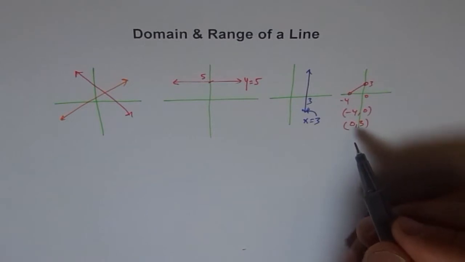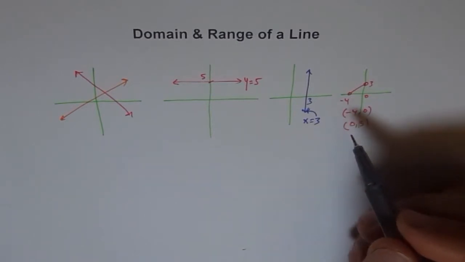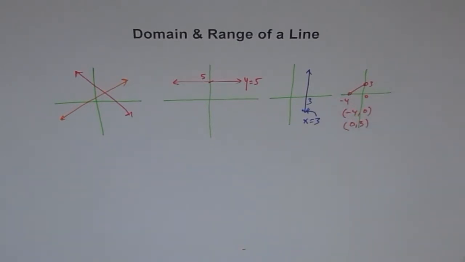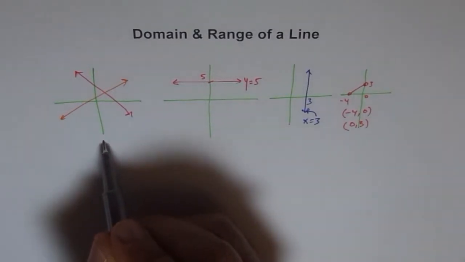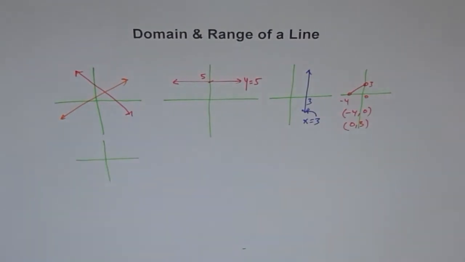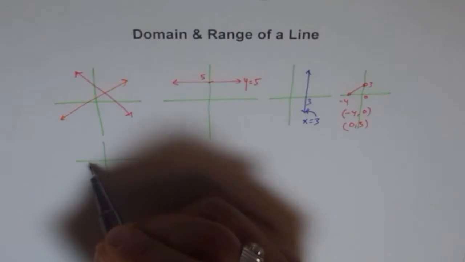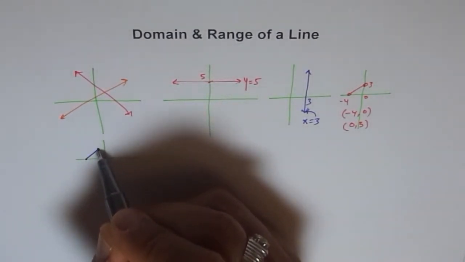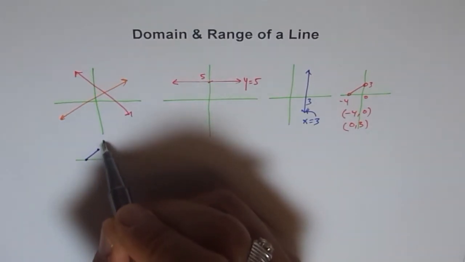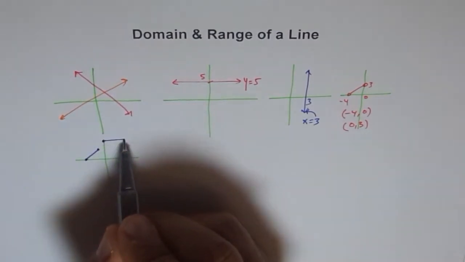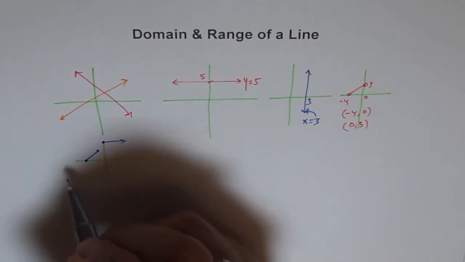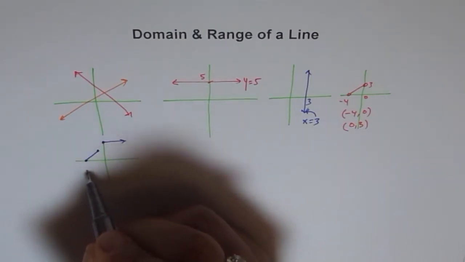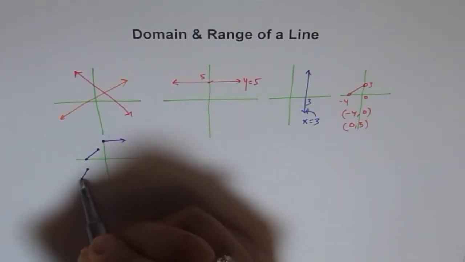Now let's take a combination of line segments and lines and see how the domain and range may change. Let me take one example here and draw one for you. Let's say we have a line including these points, and then we have something from here going like this, and something from here going downwards.